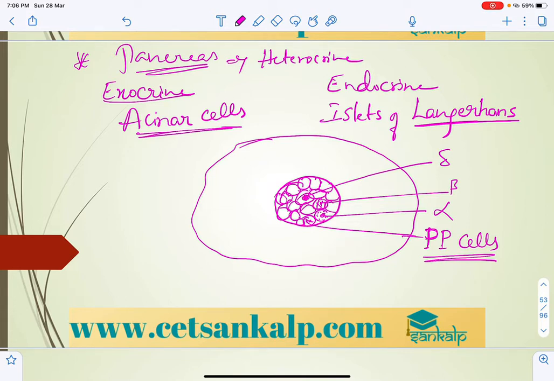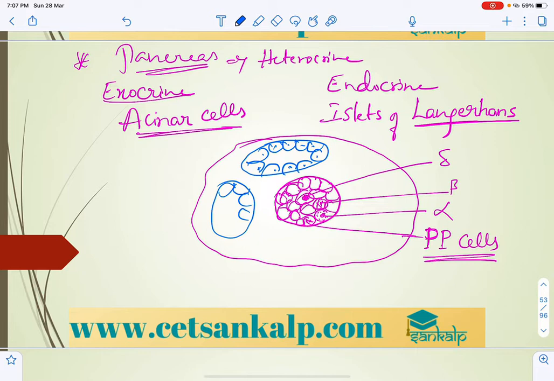And here I will take one more. This is how it looks, and these are the acinar cells, where there will be a duct. So alpha cells, beta cells, and delta cells are in the islets of Langerhans, and here these are the acinar cells, many acini.